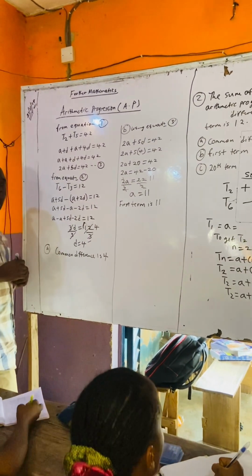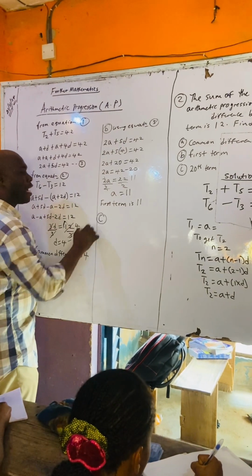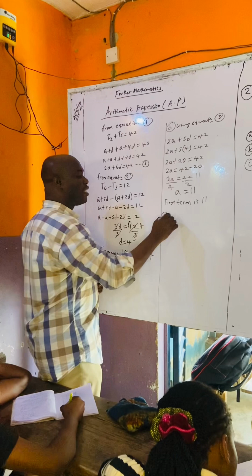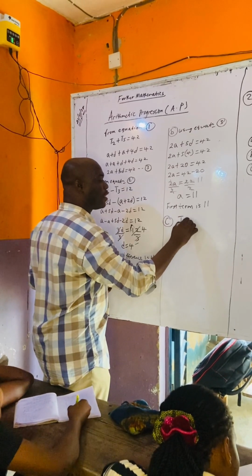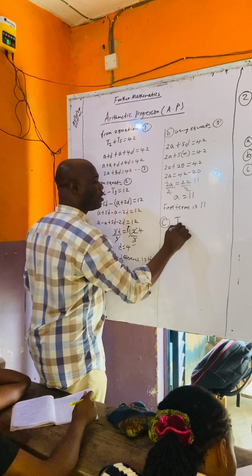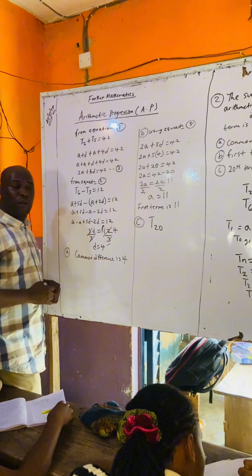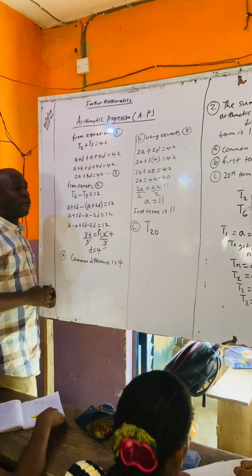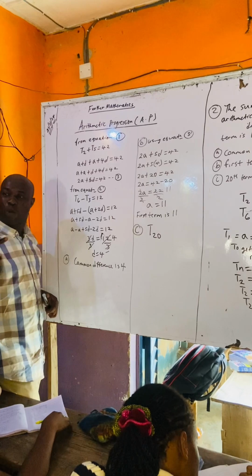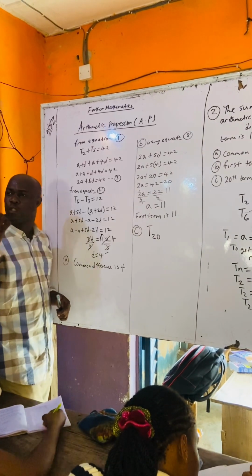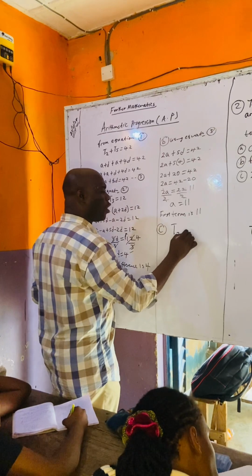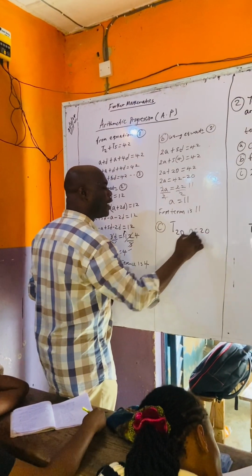So the C now, they ask us to find the 20th term, which is T20. From here now, T20, meaning that your n is what? Your n is 20.